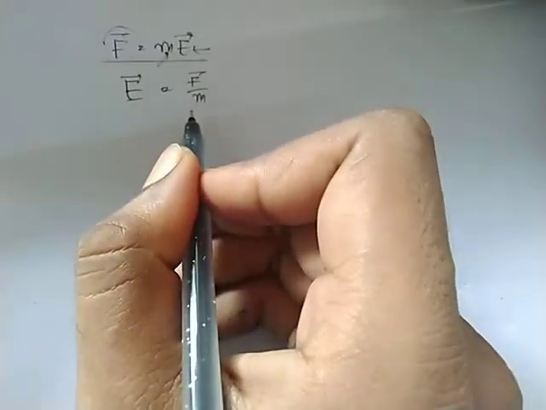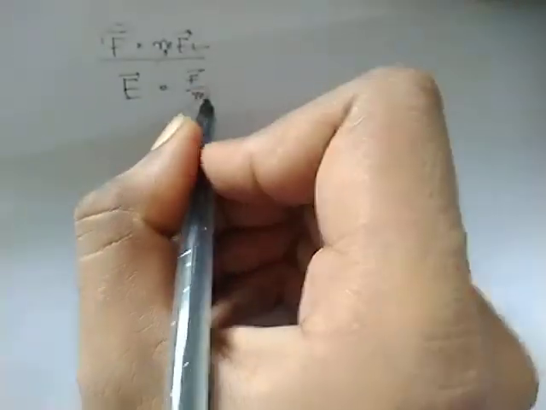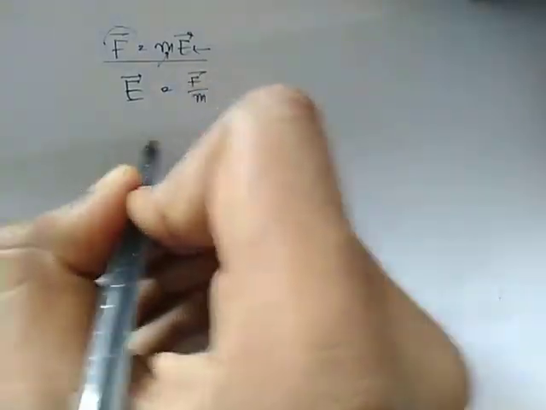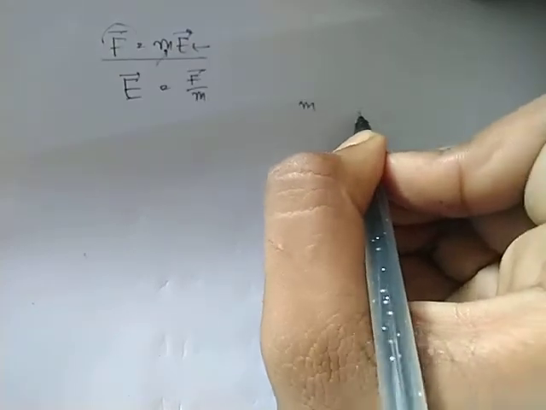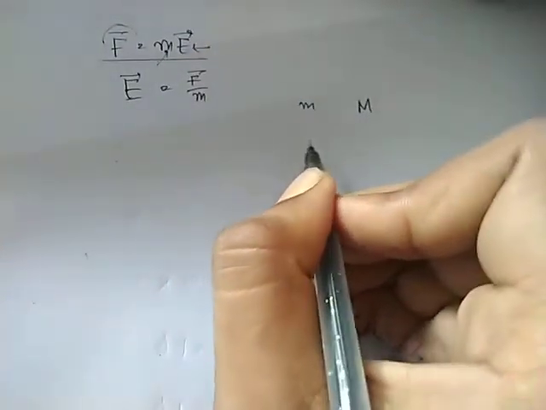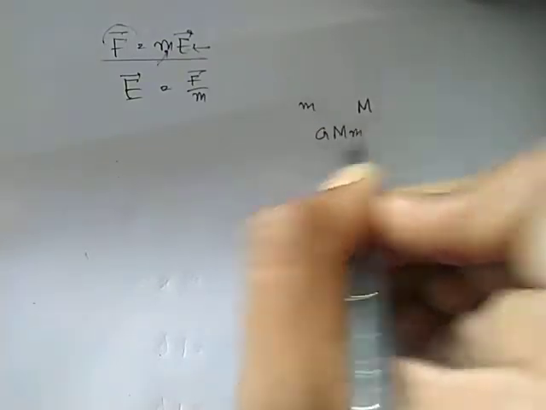After this we can write, we know that for a mass m near another mass capital M, the gravitational force between them becomes GMm by r square.